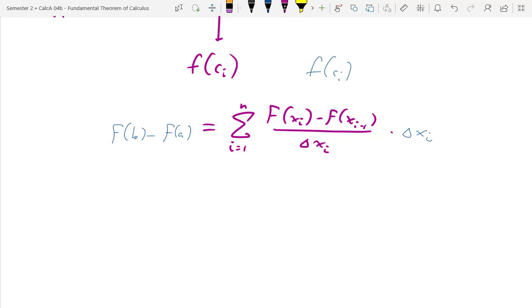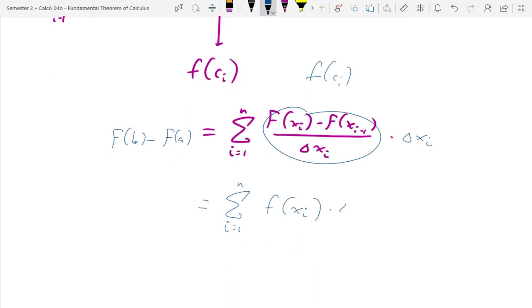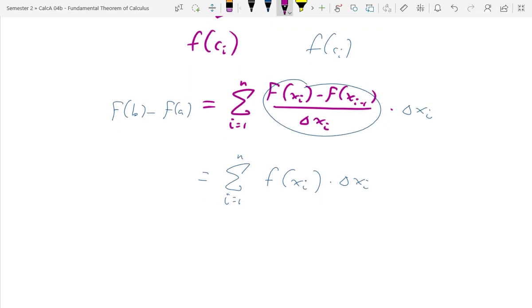So knowing that, this is where the calculus comes into play. Let's do a substitution. This is just lowercase f of x sub i. I know that because of the equality we just hit above. This right here is times delta x i, and then this is the calculus.